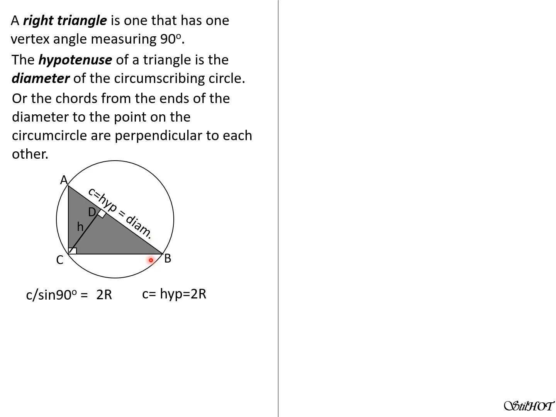So if I call this angle theta, this is also theta, then H as to AD, that is tangent, cotangent theta, equals BD as to H. H as to AD is adjacent as to opposite.